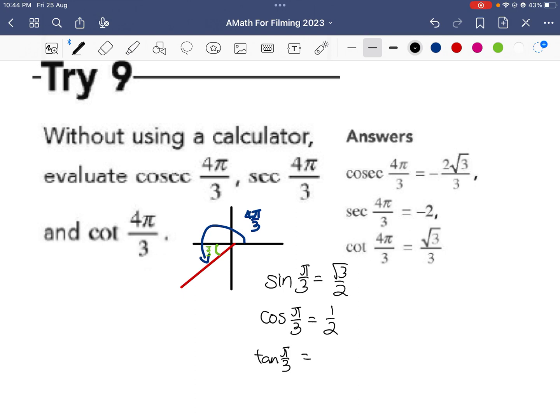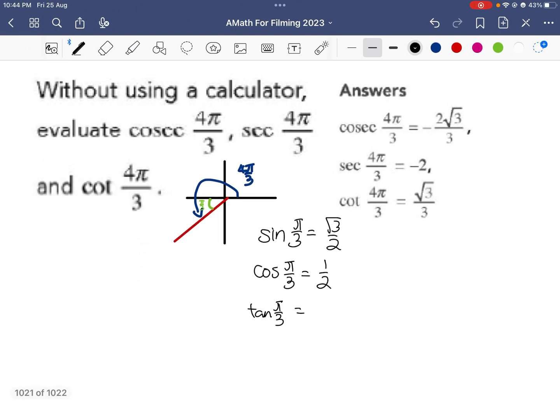So now once we have all the values, using the basic angle itself, what we need to work out is, sorry, tangent of 60 degrees actually is equal to root 3 itself.